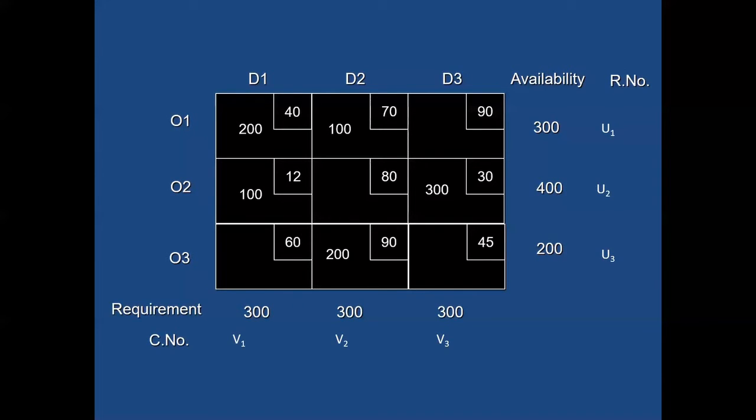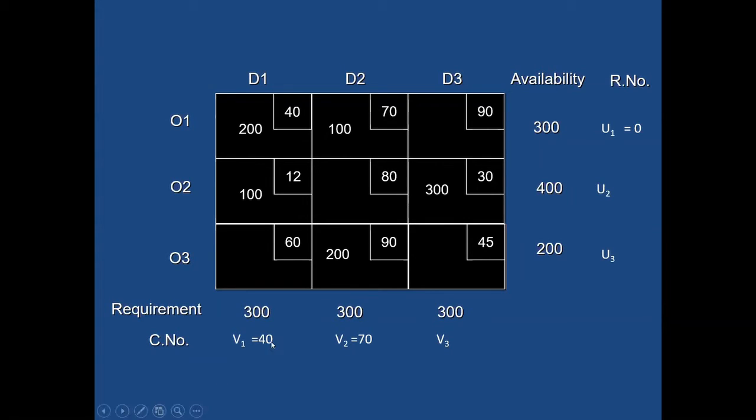So you have the variables u1, u2, u3, v1, v2 and v3. Okay. Assign any one of the variables. Again, I'm going to make use of u1 as 0. And as soon as I put u1 as 0, for the cells which are occupied, v1 will be 40 and v2 will be 70. Okay. So here we have v1 as 40 and v2 as 70.